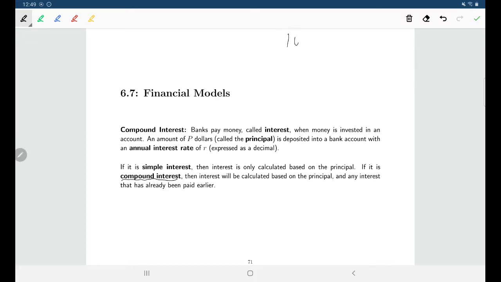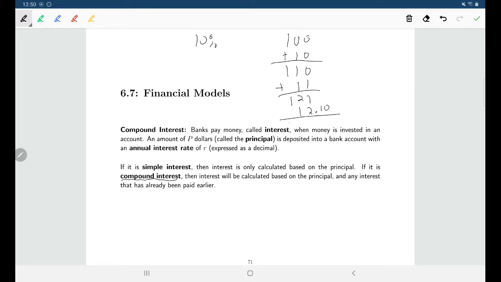So again, if you're imagining we've got $100 and we're getting 10% interest annually, in the first year you would get 10% of that $100, which is $10. So you would have $110 in your account. The next year, the bank will give you 10% of the $110. The bank would give you $11 in interest. You'd now have $121.